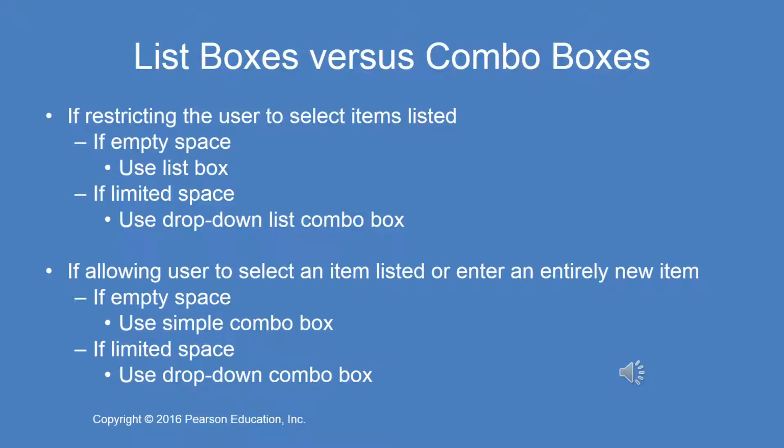If you have limited space, use the drop-down list combo box. Remember, the drop-down list combo box does not allow the user to add items to the list. If you're allowing the user to select an item listed or enter a new item to be added to the list, you use a simple combo box if you have empty space. And if you have limited space, use the drop-down type combo box.